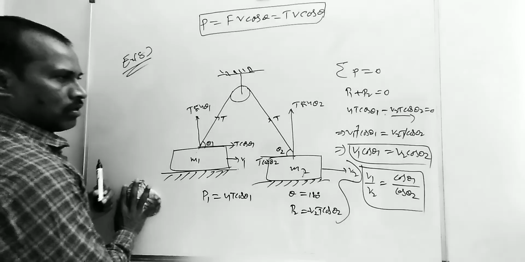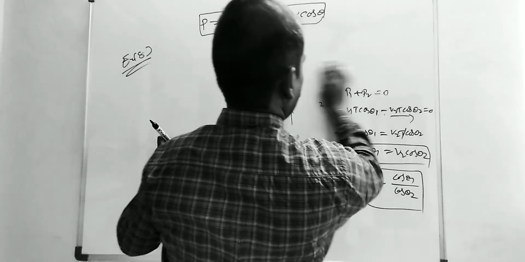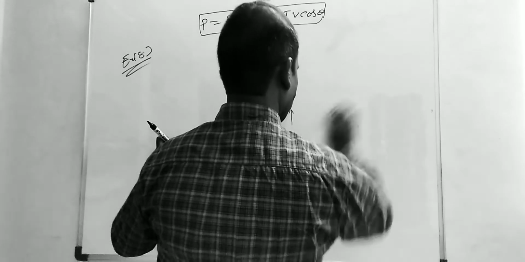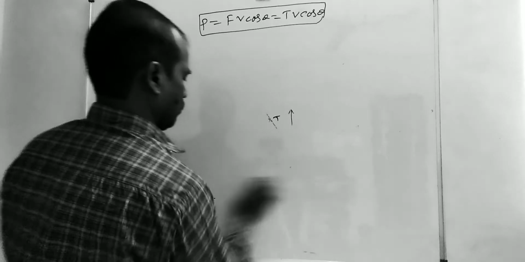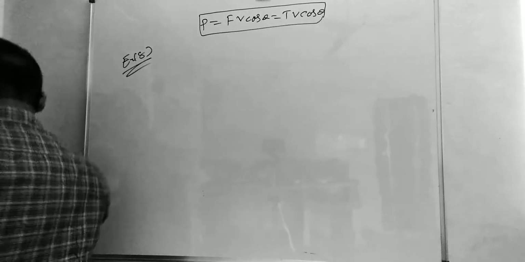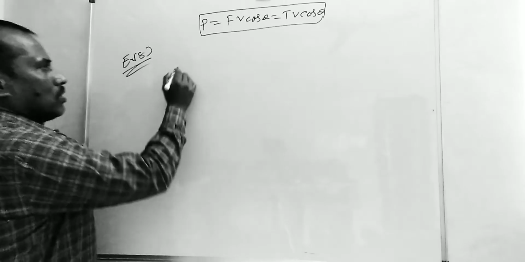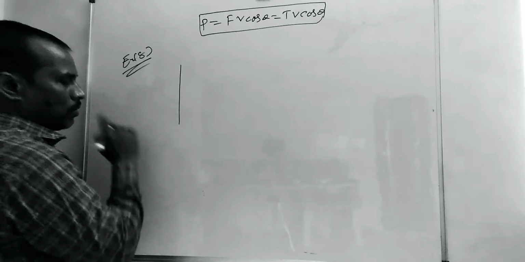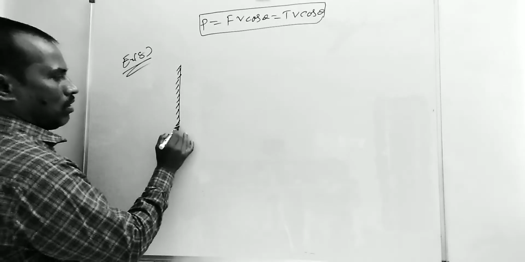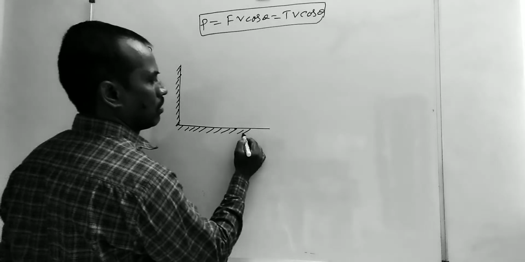Now the next one. For example, here is a vertical wall and here is a horizontal surface.